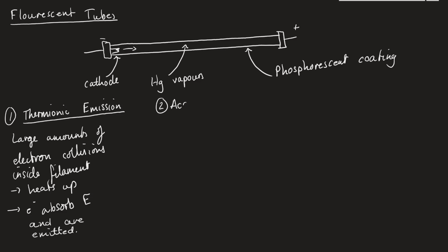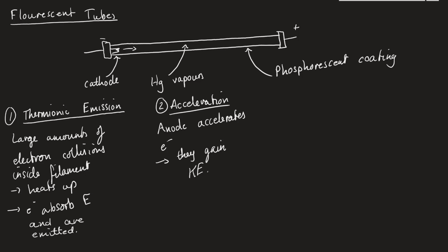So we have acceleration. The anode accelerates the electrons, and they therefore gain kinetic energy. This all happens until they collide with a mercury atom.